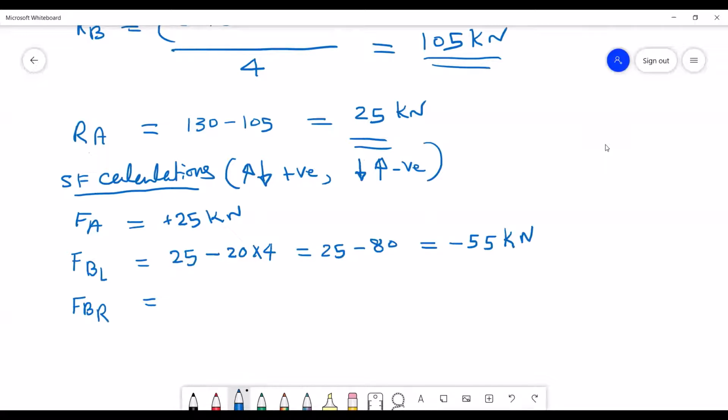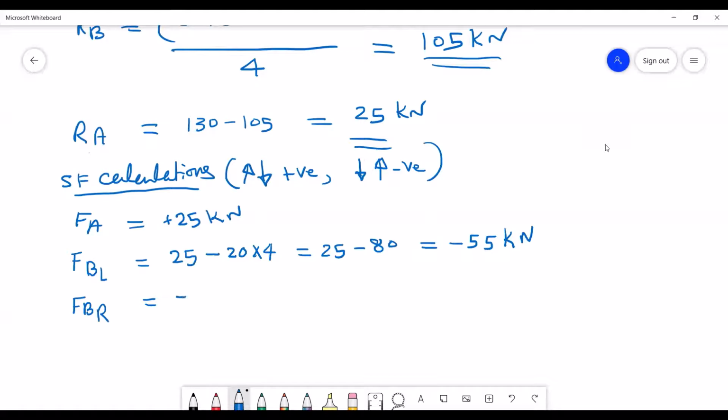There is no need. We have already come to the left side of point B, so we can proceed from that point, because up to the left side it is minus 55 kilonewton, which we have already defined. So you need not write 25 minus 20 into 4 again.